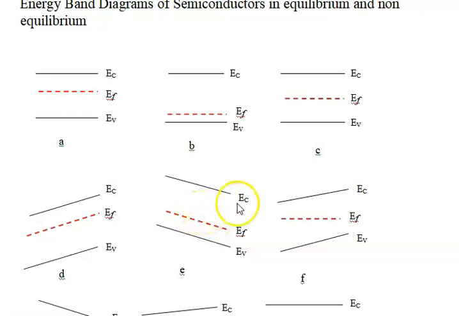Here we have the right side positive. The electric field therefore goes from right to left in the negative direction. We have a hole current. In this case it's moderately doped P-type, and we have a negative current going from right to left.